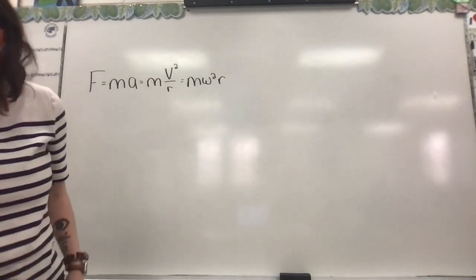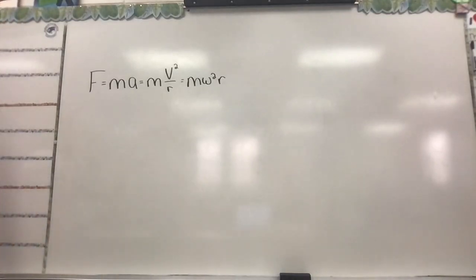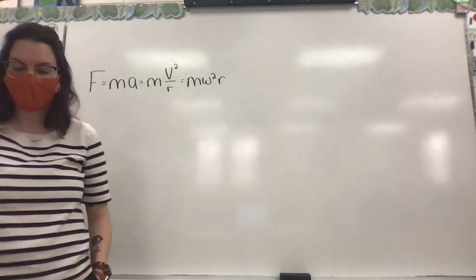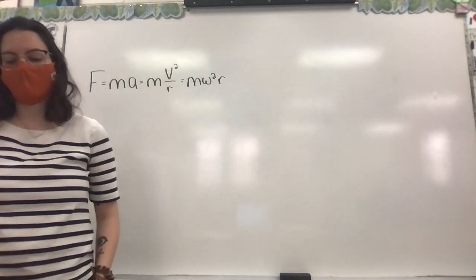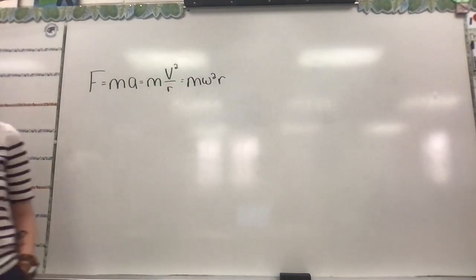Because it's a circle. So the particle of mass m does move at a constant speed around the circle of the radius. But since it's not a constant velocity or a constant acceleration, we're still going to have some sort of force.